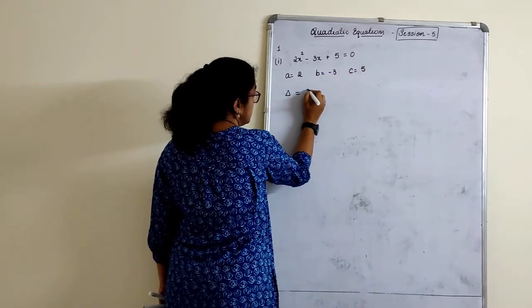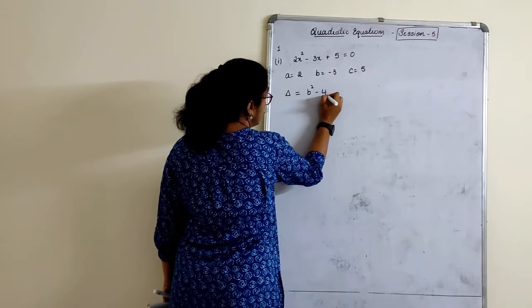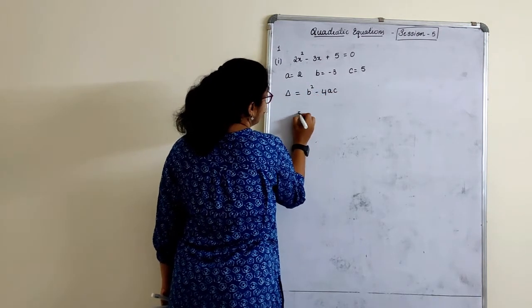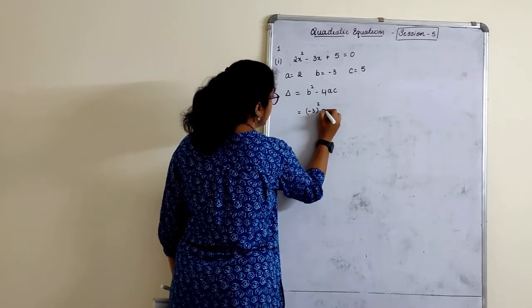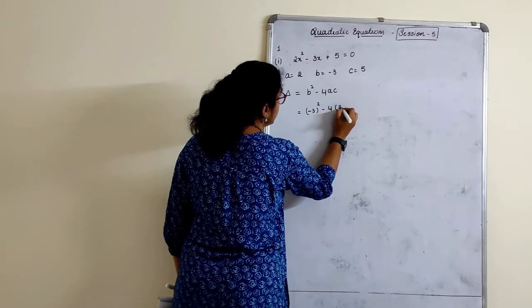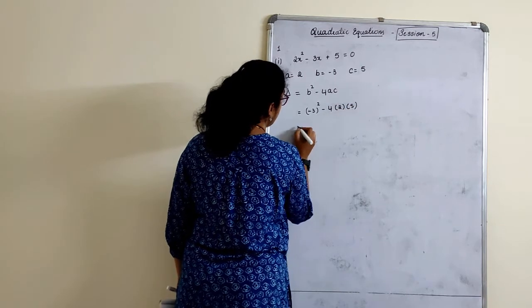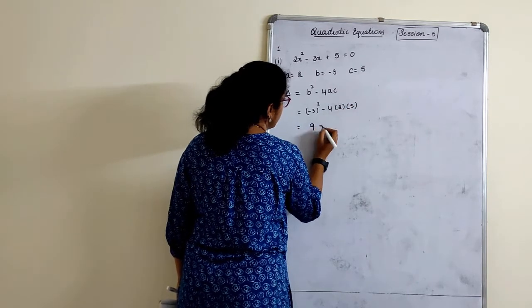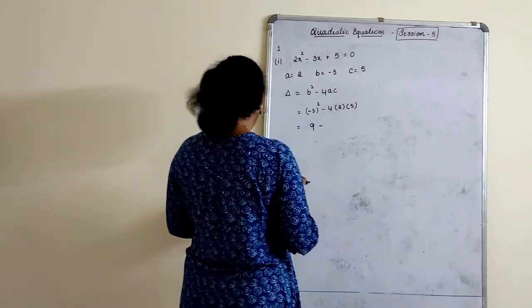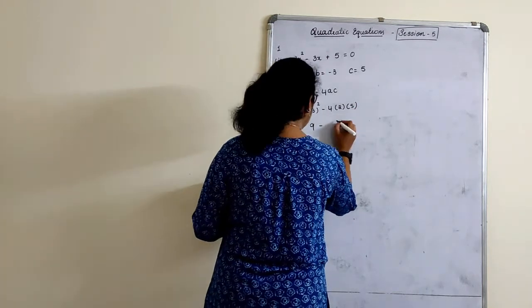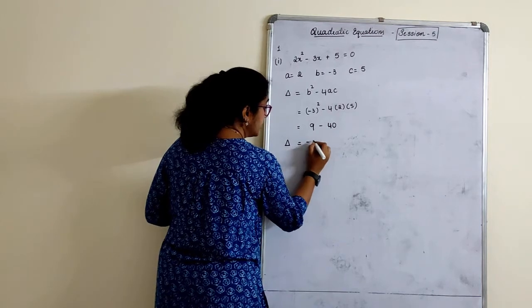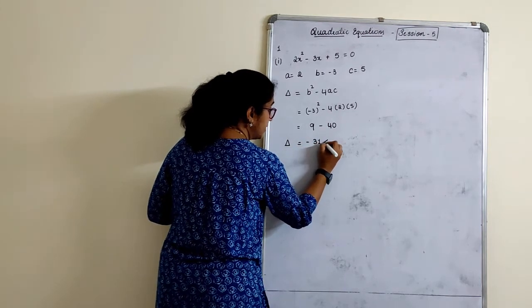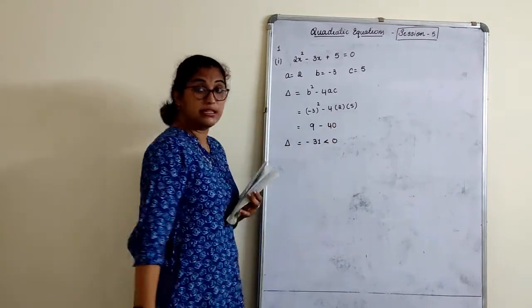So delta is equal to b square minus 4ac. So b square is minus 3 whole square minus 4 into 2 into 5. 3 square is 9, 4 2s are 8, 8 5s are 40. 9 minus 40. So delta is equal to minus 31, which is less than 0.